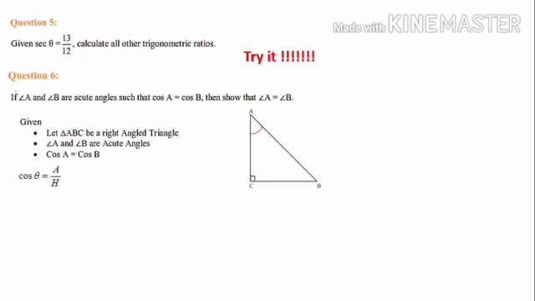Let's visualize the diagram. ABC is a right angle triangle, and here angle A is acute, B is also acute, and C is 90 degrees. Then go for labeling H, O and A. Then one more triangle we have to draw because cos A and cos B are given to you. Based on cos A I have marked this triangle.